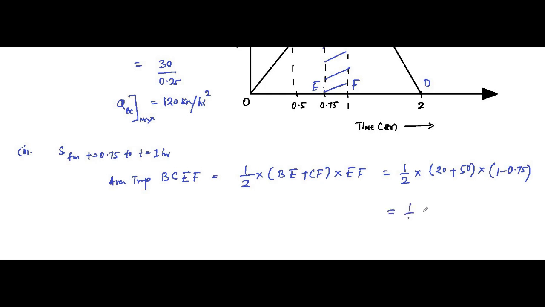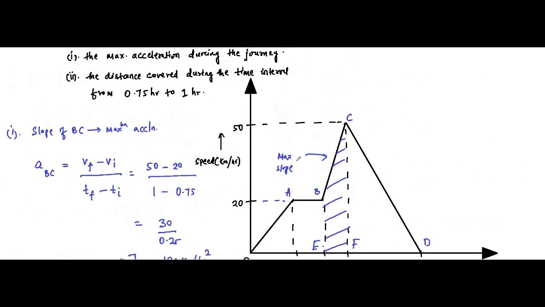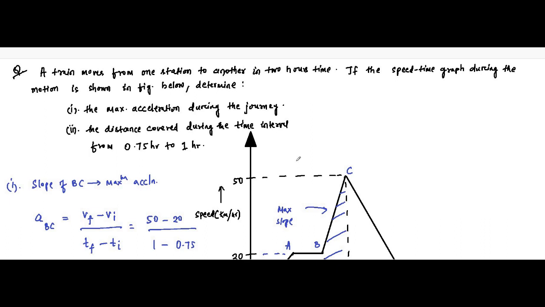That is 1/2 into 70 into 0.25, which comes to around 8.75 kilometers. So 8.75 kilometers. This is again a simple interpretation of the graphical analysis of one-dimensional motion.